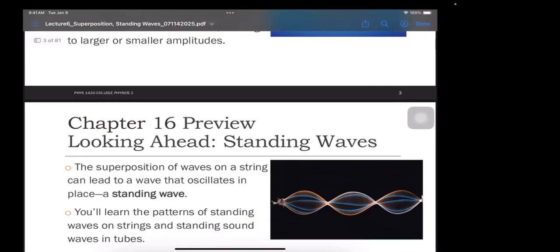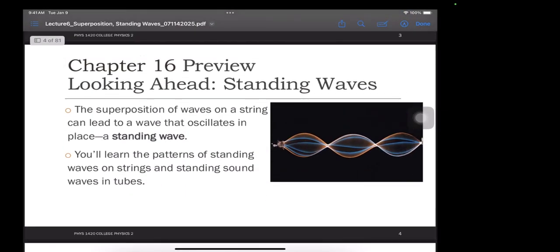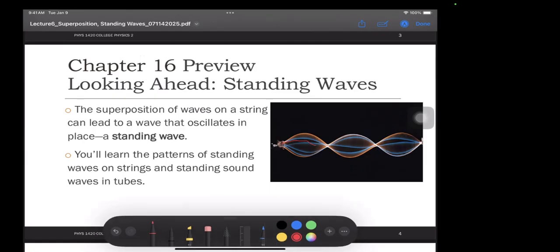Okay. And also we will learn standing waves. The superposition of waves on a string. You can see there are two different waves. The superposition of waves on a string can lead to a wave that oscillates in place, a standing wave. You can see here, those two waves on a string can lead to a standing wave.